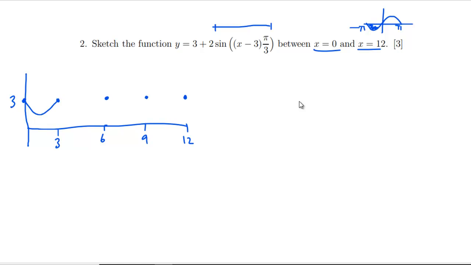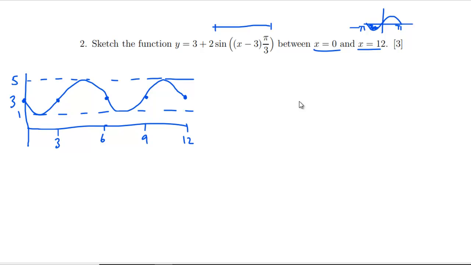Our minimum on this is 3 minus 2, which is 1, and the maximum is 5. So we're just going to have a sine wave going between those. A bit wonky in my drawing there, but these are all 5s at the peak, these are 1s at the minimum, and then 3s down the middle.